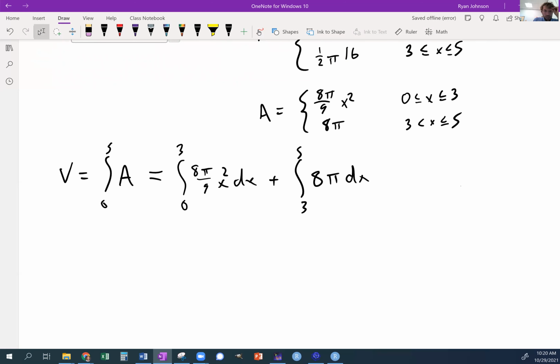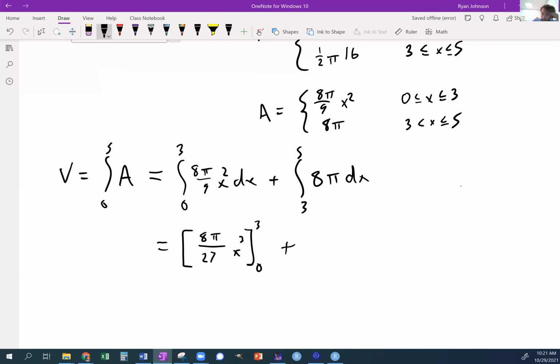So for this one, take the integral, and I have 8 pi over something times x cubed. I'm dividing by 3, so I get 27 down here instead of 9, from 0 to 3. And then plus, this one is just a rectangle.